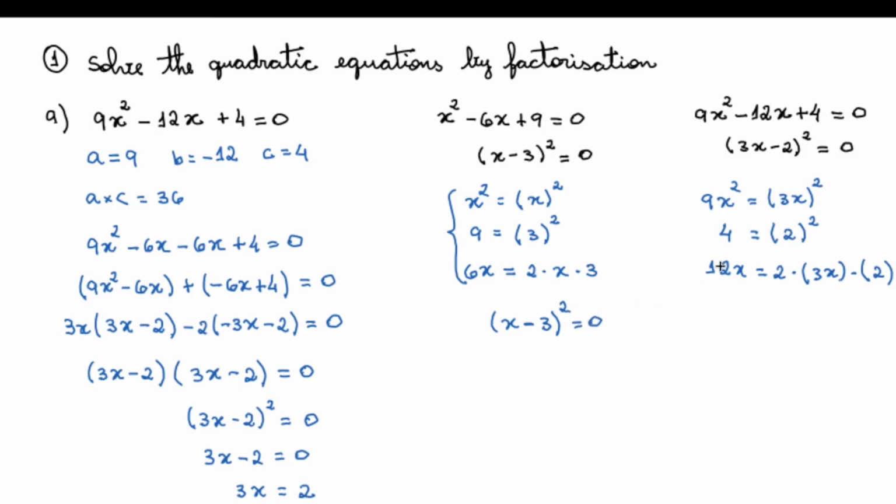The same we can do for the equation 9x² minus 12x plus 4 equals 0, because these conditions are satisfied. The factorized form will be the square root of the first term, 3x, the sign of the middle term, minus, and the square root of the last term, 2.